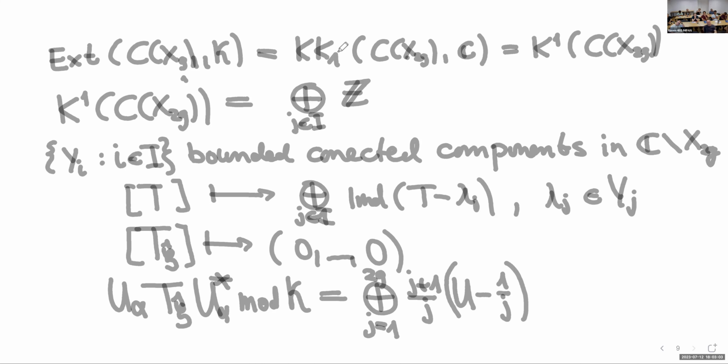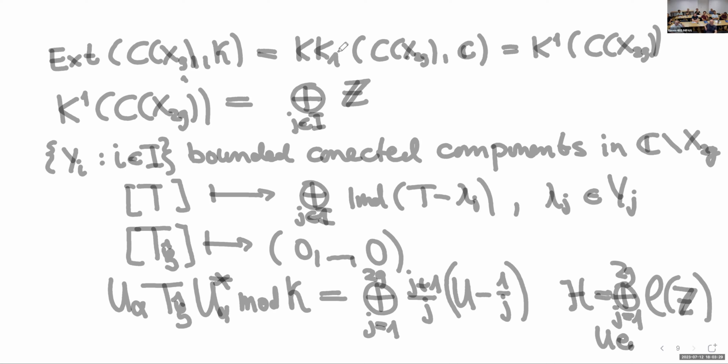Should it be U? I have to say the Hilbert space H is the sum, j from 1 to 2g, of l^2 of Z, and this U is a bilateral shift, U e_n equals e_{n+1}.